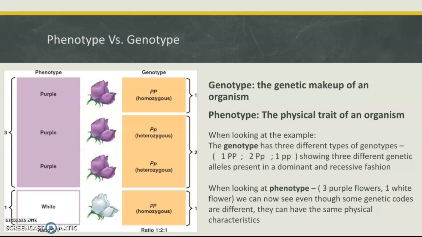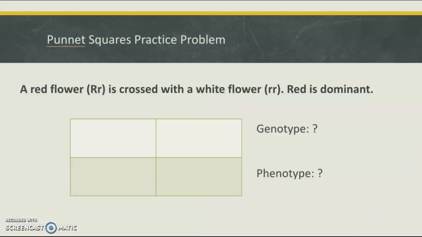So here's an example of using a Punnett square to determine the probability of offspring having certain genes. In this case, a red flower with heterozygous alleles, capital R and lowercase r, is crossed. And when it says crossed, it means they mated together. So these are parents.